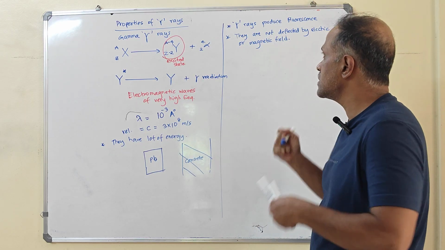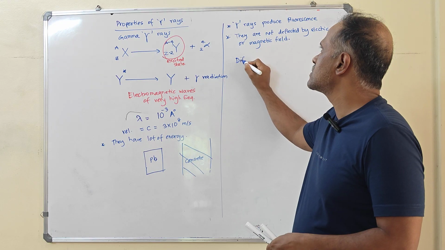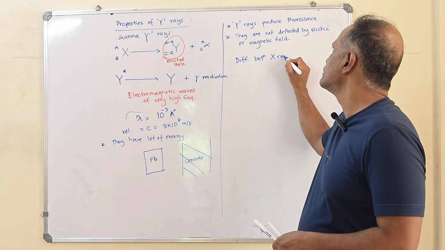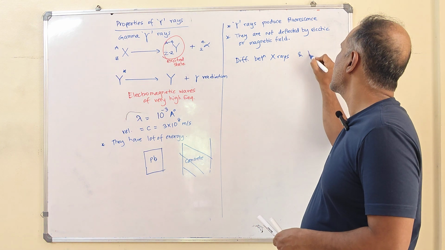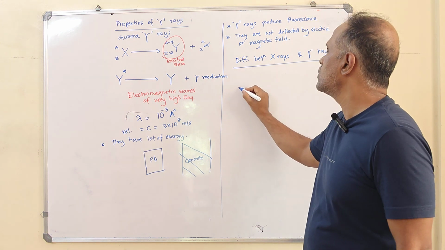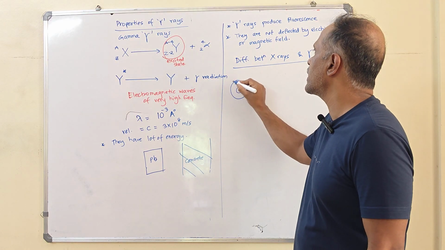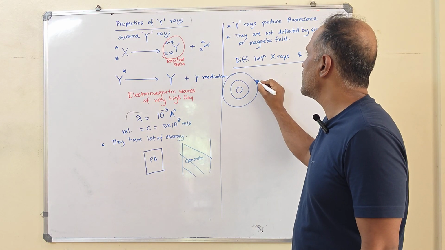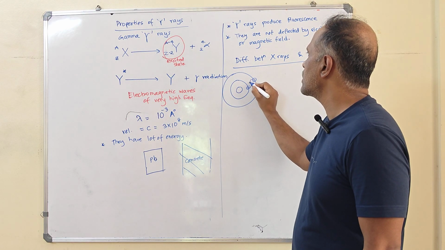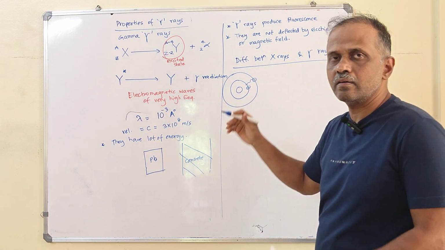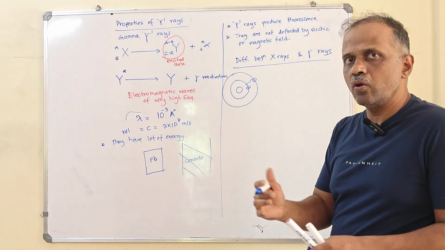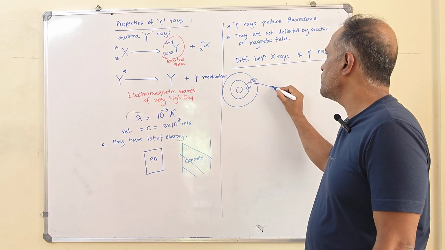Now let us see what is the difference between X-rays and gamma rays. When are X-rays produced? Whenever an electron from a higher energy level jumps down to a lower energy level, it emits X-rays.